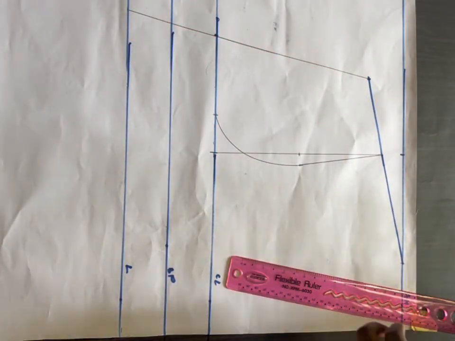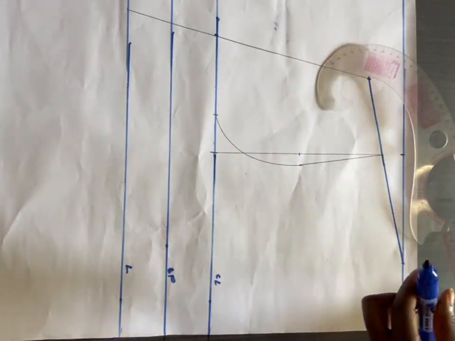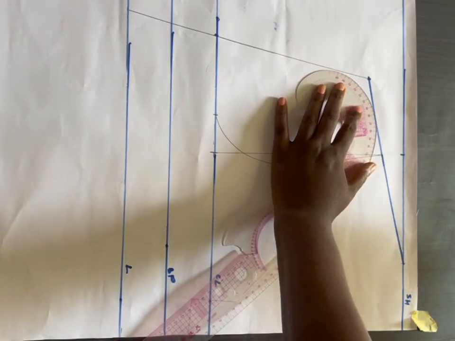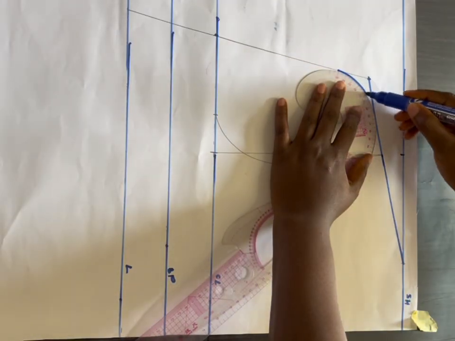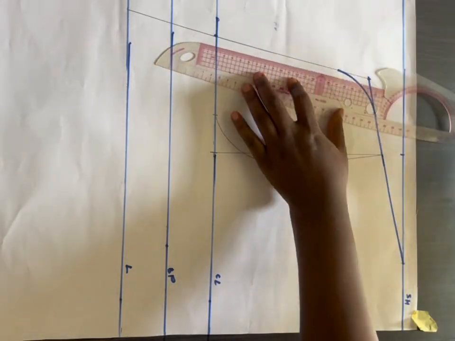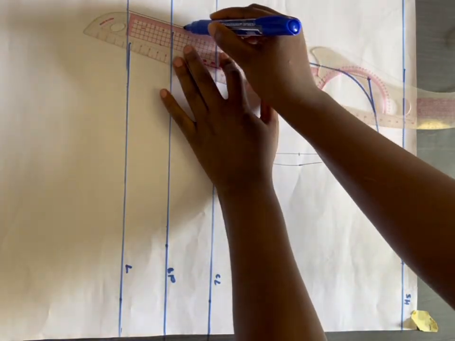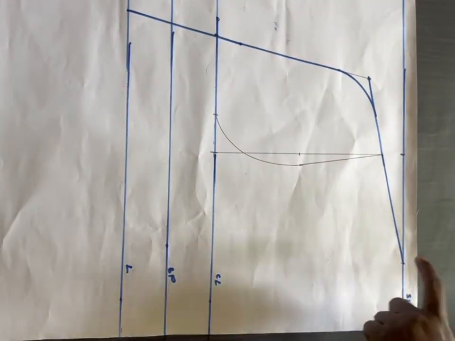So I would blend out that sharp edge. I want a curve there, so I'll just use my ruler to make that place curved, just like you're seeing me do. And I used my marker pen to bolden that line that I had already created.